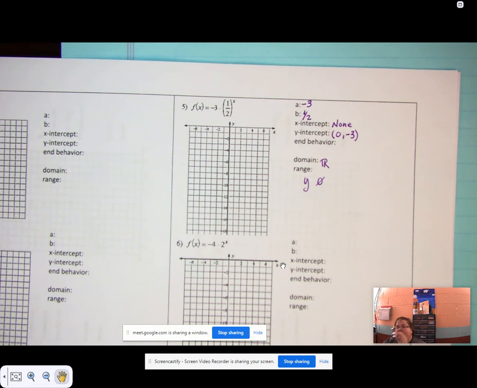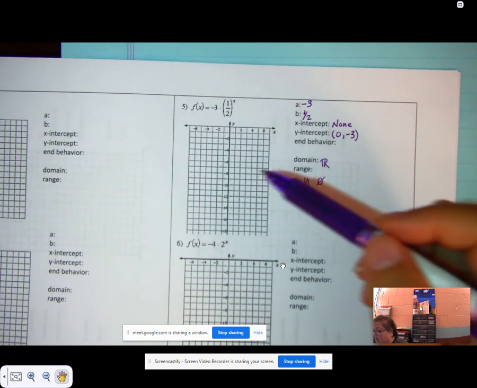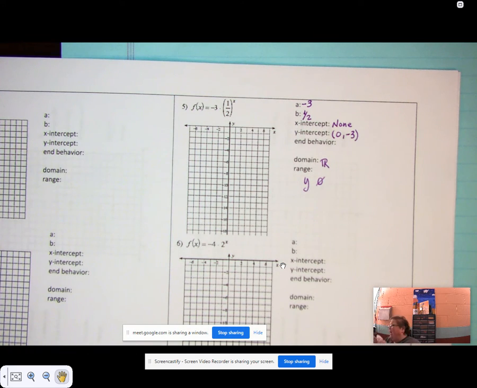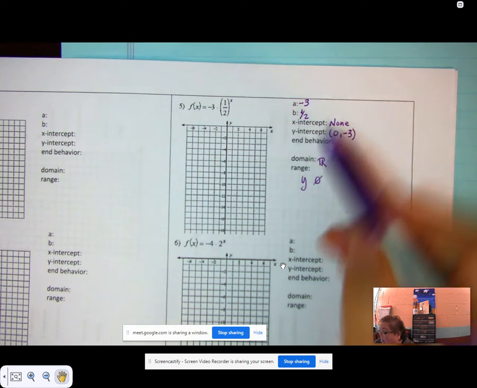Now, my a is negative, therefore, my y is going to be compared to 0.